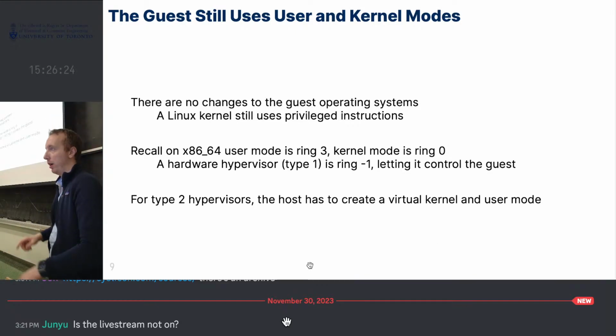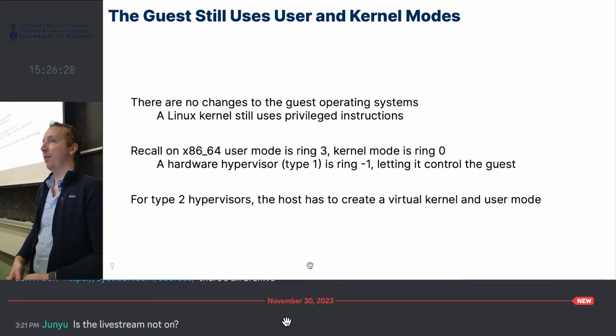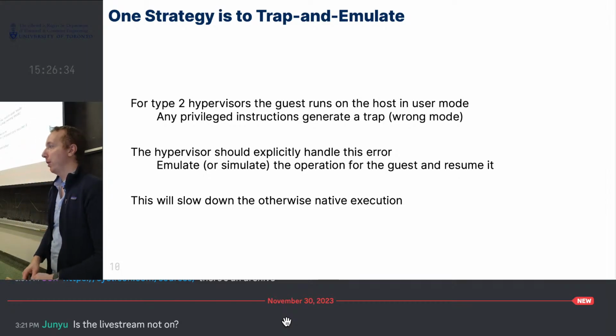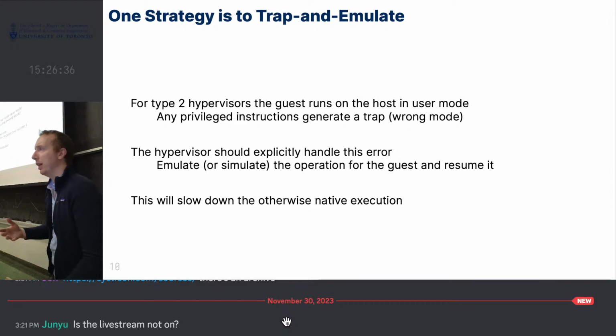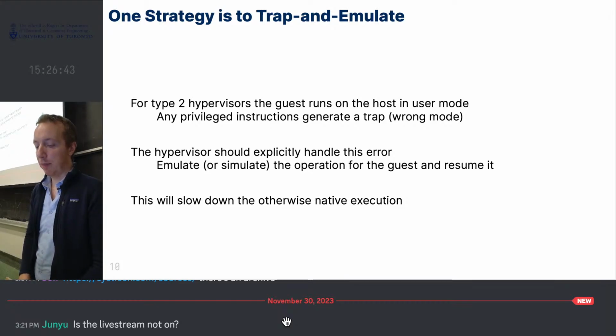For type 2 hypervisors, the host has to essentially fake kernel mode because it's only running in user mode. So if we were trying to simulate kernel mode in a user mode process, one strategy we could use is something called trap and emulate.